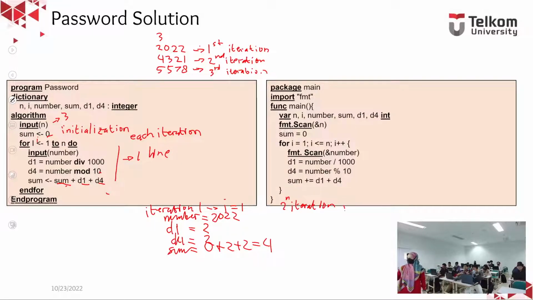The value of I is incremented by 1, right? So the value of I is 2. And the number is 4, 3, 2, 1.